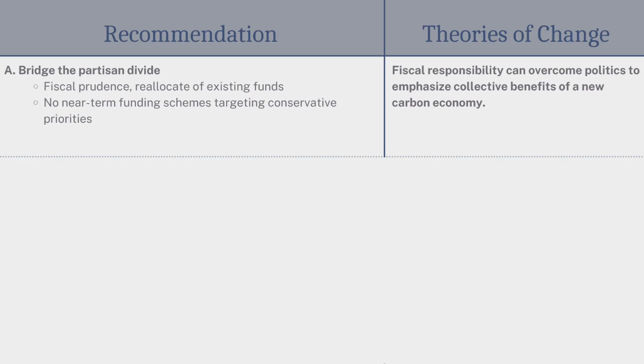They should also take a harder approach to existing federal programs by using cost-benefit analyses to identify Democrat priorities that are potentially bloated in funding or ineffective, and by reallocating funding for new CDR incentives from these projects and not from conservative non-starters like, say, defense budgets or new taxes on the wealthy. The theory of change here is that with a bigger push to reach across the aisle and cut government inefficiencies and costs, we can show both parties that a new carbon economy has multiple benefits for all of their constituents.